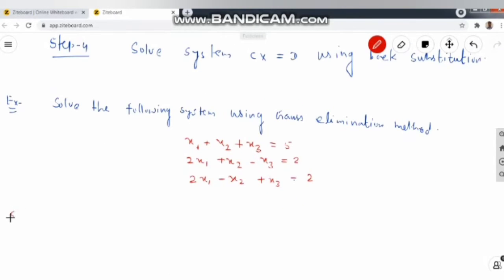In the Gauss elimination method, the first step is to construct the augmented matrix.